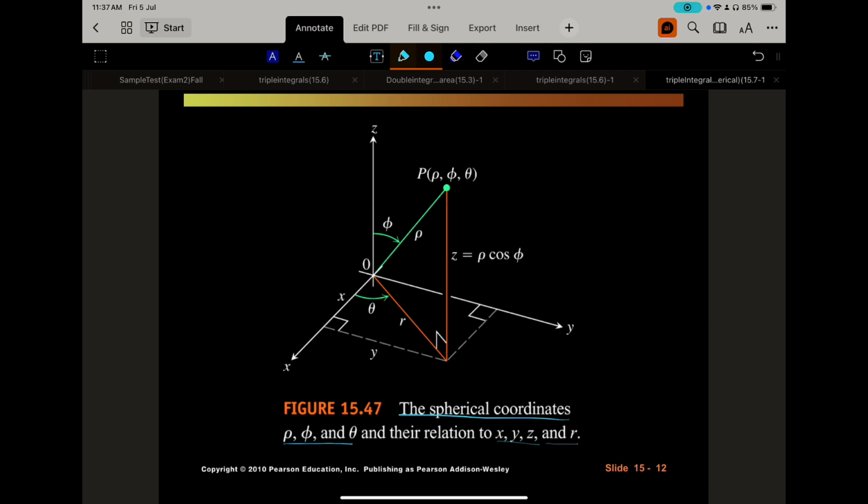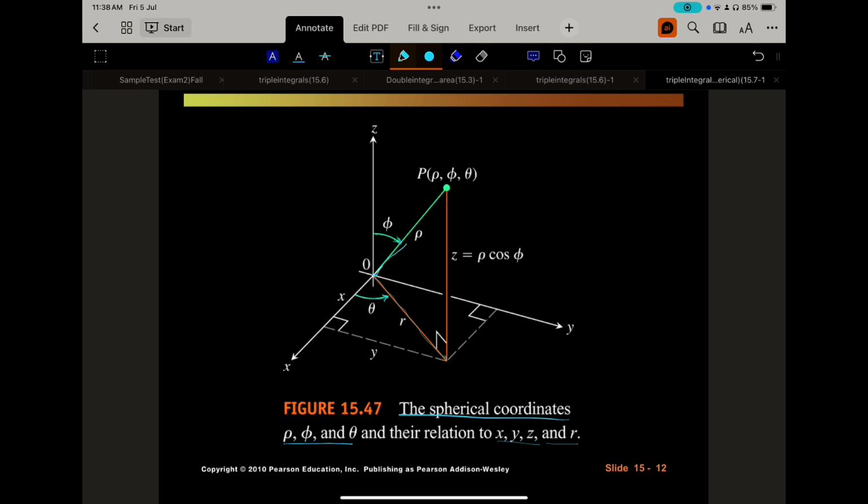So theta is just, as we defined it in cylindrical coordinates, the angle between the x-axis and the projection of r in the xy plane. Now let's go to the new angle, which is phi.